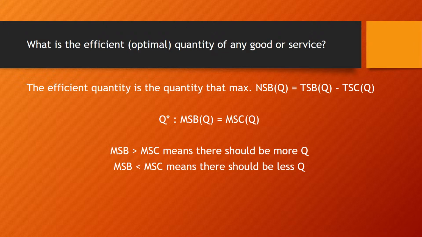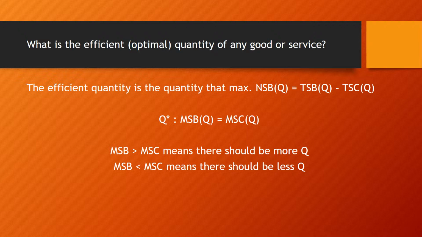Whenever marginal social benefit is less than marginal social cost, increasing output, or Q, will actually decrease net social benefit. So, in that circumstance, there should actually be less of the product, a decrease in the quantity.